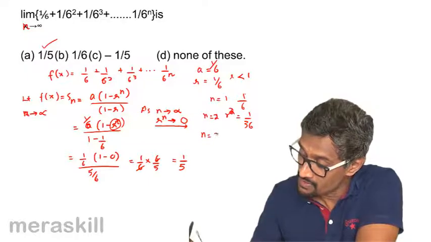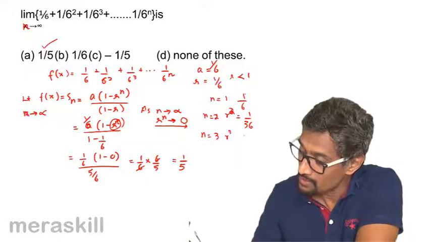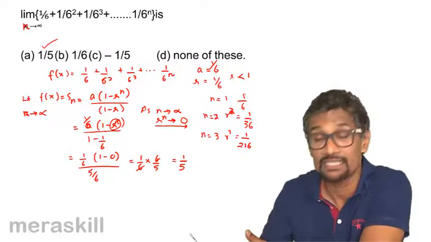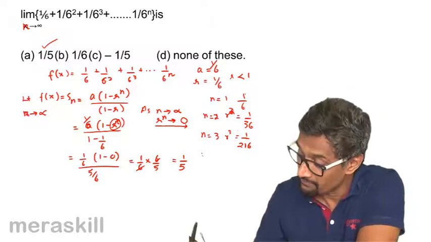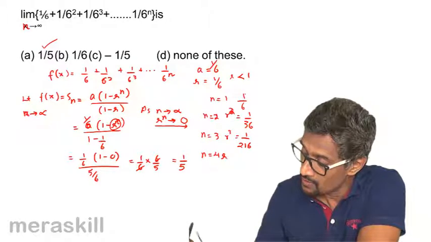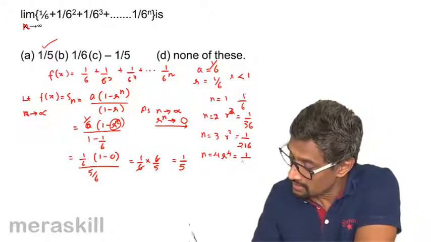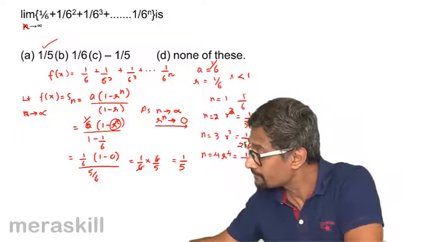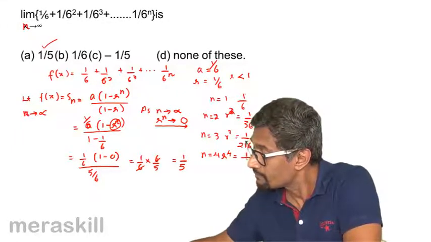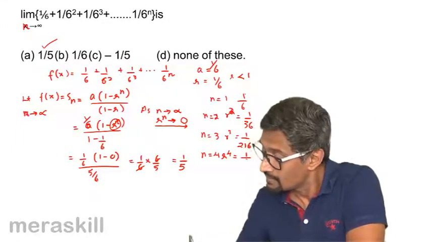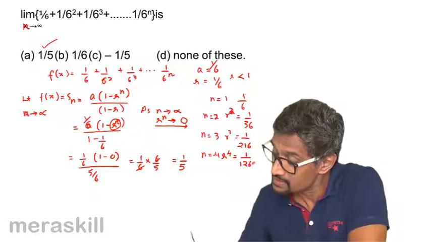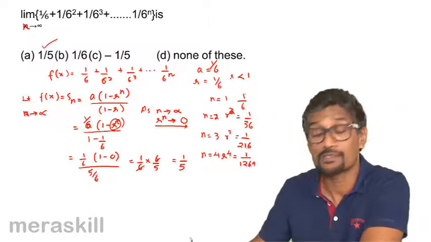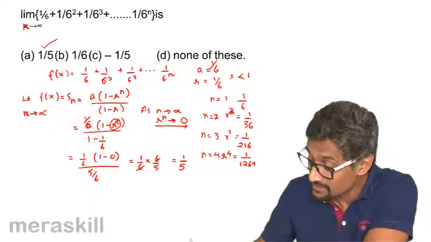When n becomes 3, r cube becomes 1 upon 216, which is 6 times smaller than this. And when n is equal to 4, r raised to 4 would be 1 upon 1296, which is still smaller, 1/6 of even this.